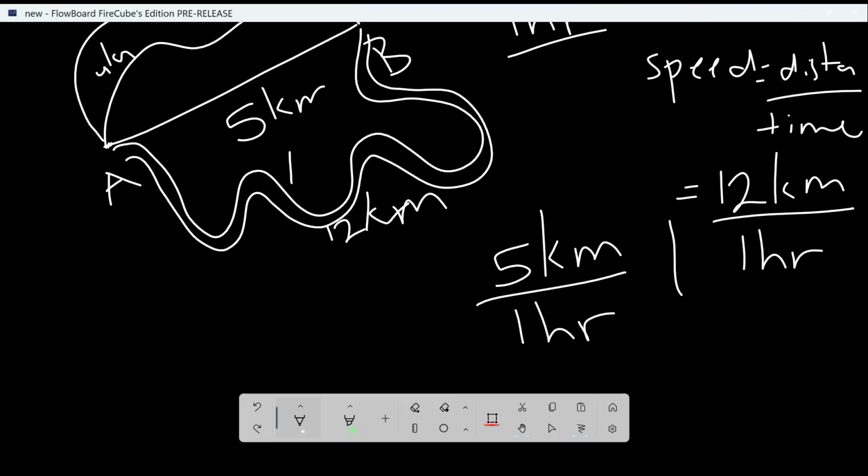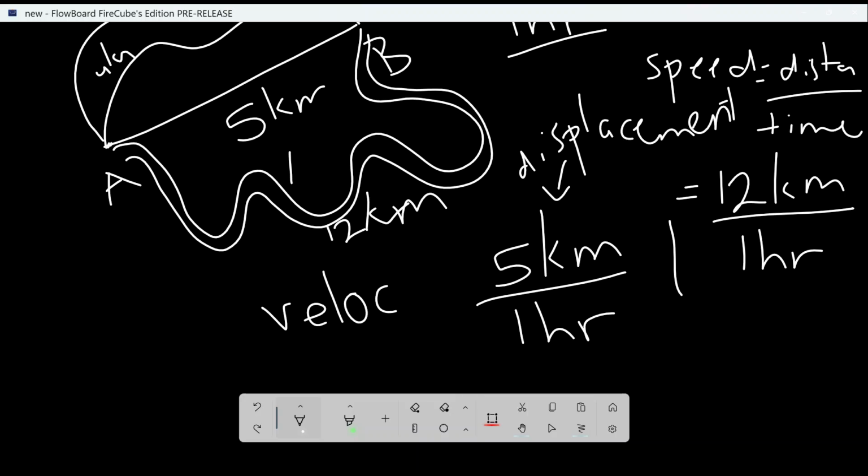So this will not be speed anymore, because this time we have used displacement instead of distance. When we think about the displacement you cover in a period of time, we're no longer thinking about speed, but we're now thinking about velocity. Velocity considers displacement, while speed considers distance.